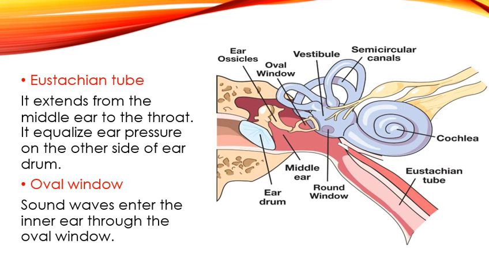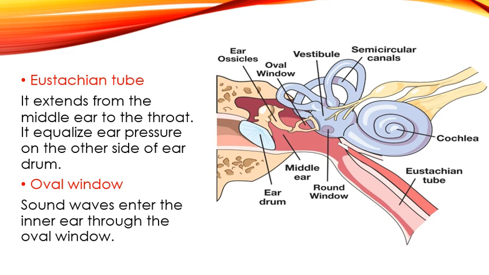Next is the oval window. This part of the middle ear is connected through the oval window to the inner ear. The oval window lies next to the stirrup bone. When the stirrup bone vibrates, the sound waves enter the inner ear through the oval window.